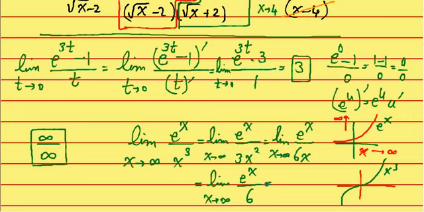Now this is no longer an indeterminate form because only the numerator is infinity. If this is infinity divided by a number, the answer is going to be infinity. So that means that exponential of x wins the race against x cubed, and the ratio tends to infinity, meaning that if you graph this ratio, the graph at the end just keeps going up, just like these two graphs did.